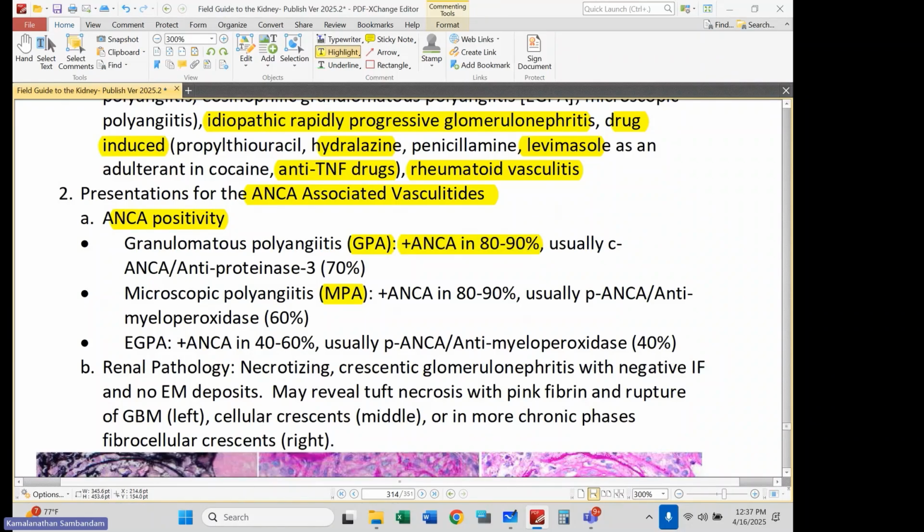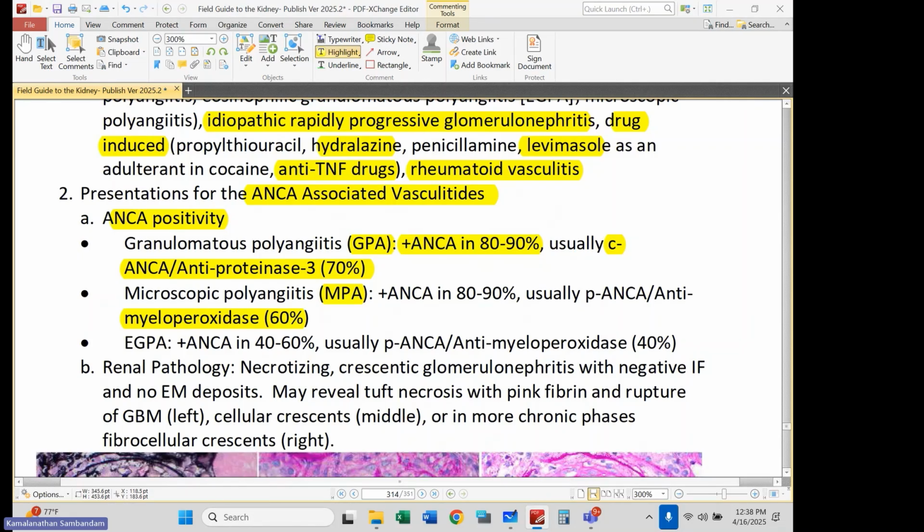GPA often has positive ANCAs, and typically it's directed to proteinase 3, but not always. If you have somebody who has an antibody to myeloperoxidase, but has tracheal involvement or involvement of the nasal cartilage, in general, those are going to be called GPAs, even though they're myeloperoxidase positive.